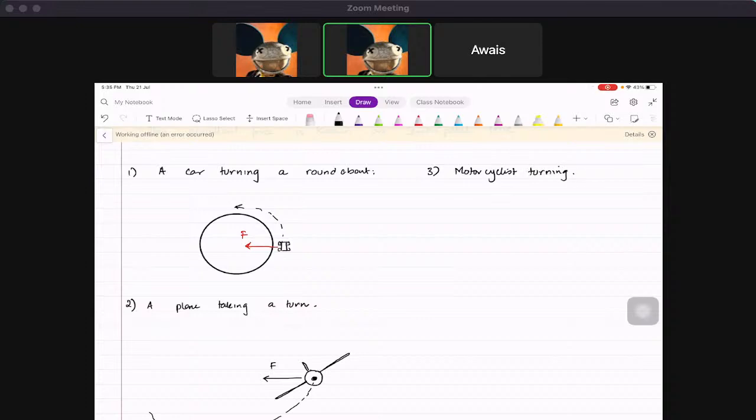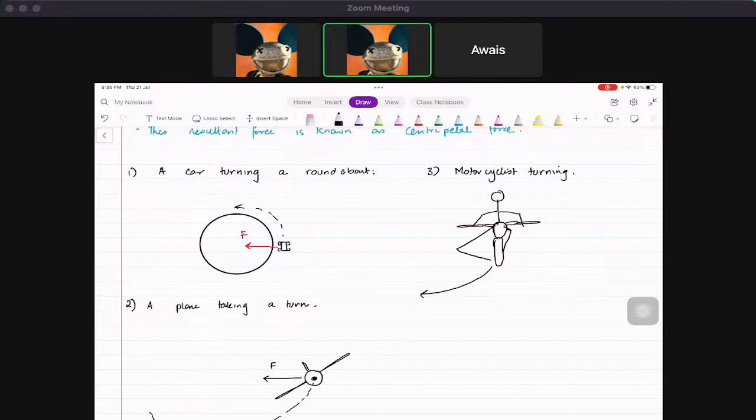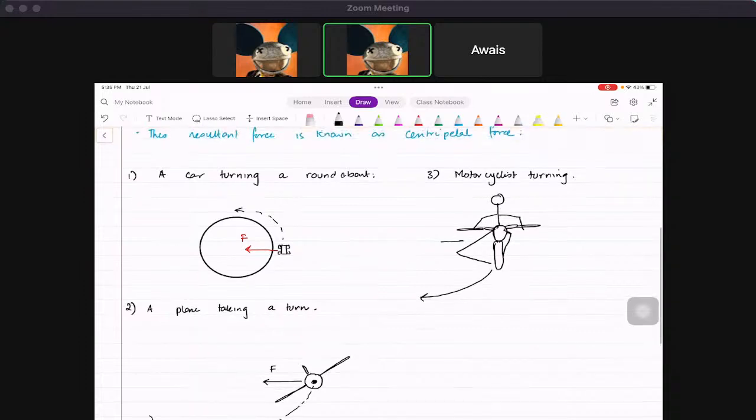You might have seen, like in racing or even normally if you drive a motorcycle, that when the motorcyclist is turning to this side, he would always tilt his leg in this direction, just to provide some force towards the center so that the motorcycle can turn. Is it clear? Yes, sir.